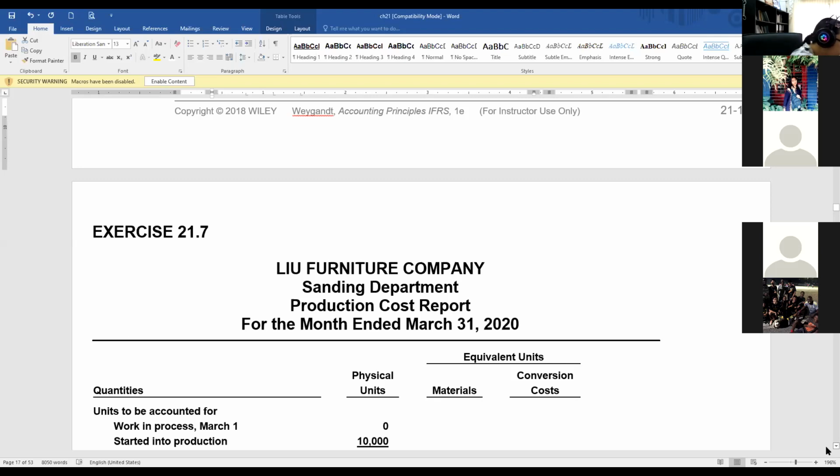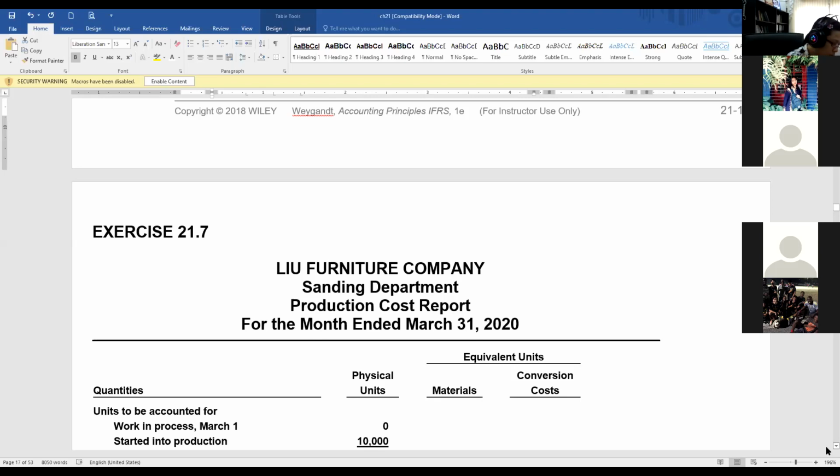The 3,000 units are not started, class. It's actually the ending, yeah, class. Can you correct it? It should be the ending. It's not started. It's ending.